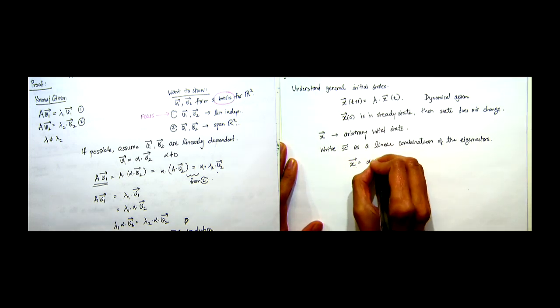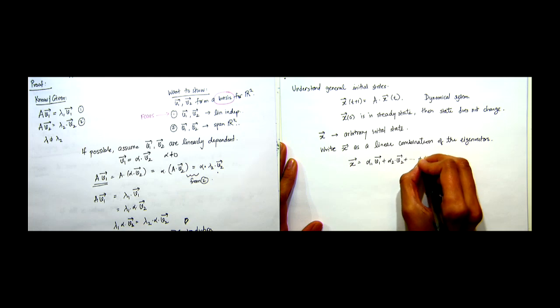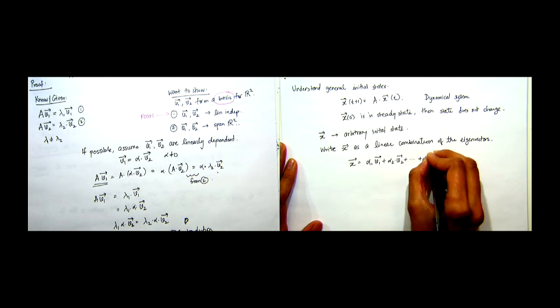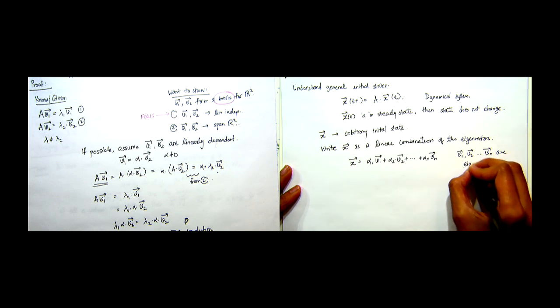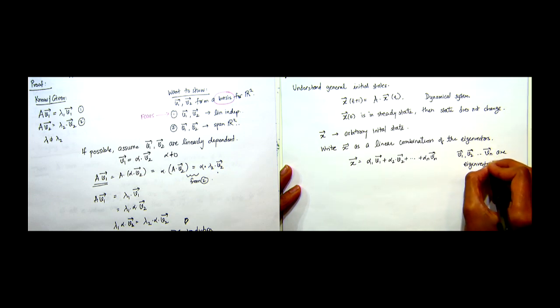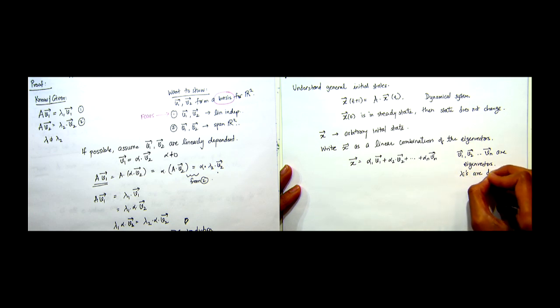So I can write basically x is equal to some alpha 1 times v1 plus alpha 2 times v2 plus alpha n times vn. v1, v2, through vn are eigenvectors, and the lambda i's are distinct, let's say.